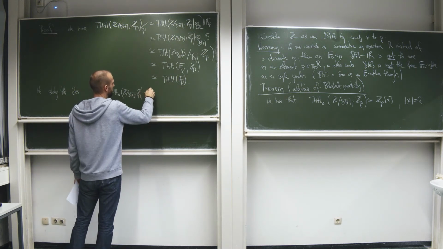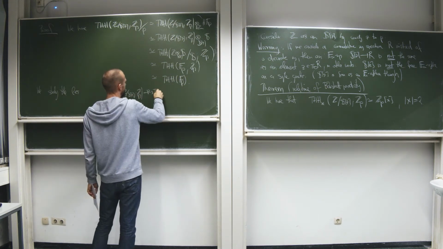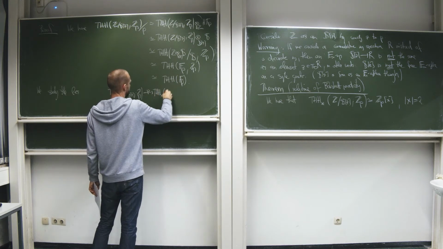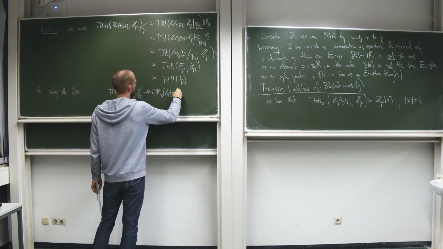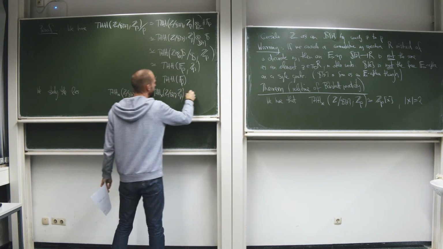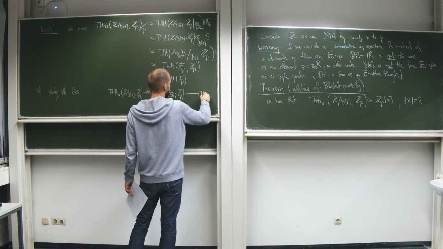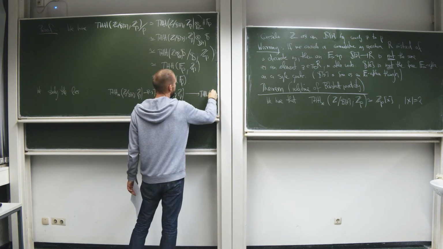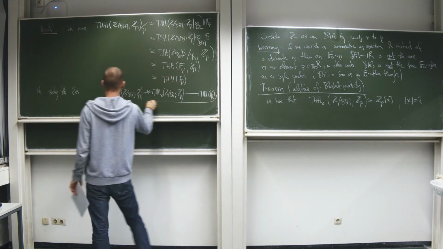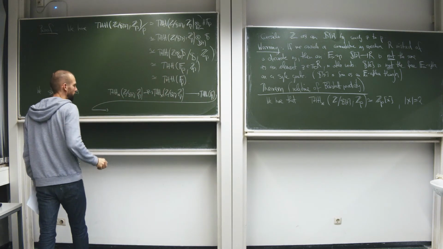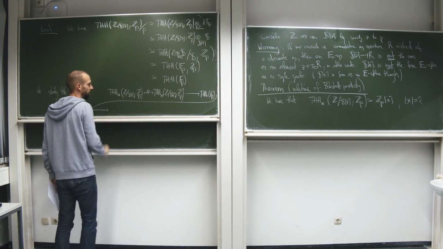Then we have the multiplication by P, which goes to the same group, THH of Z relative to SZ with p-adic coefficients. And then we have THH star of FP, and then the connecting homomorphism goes to the THH group one degree lower.